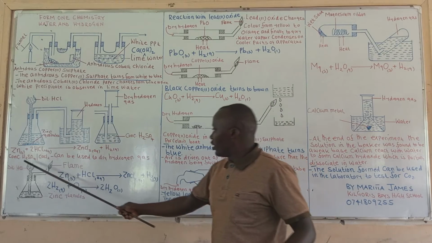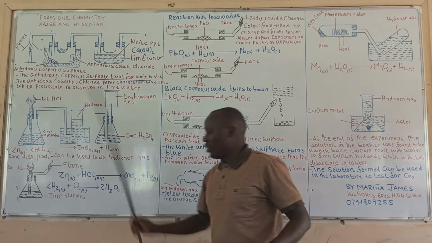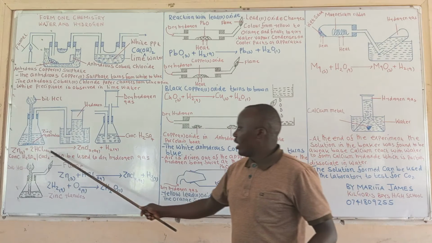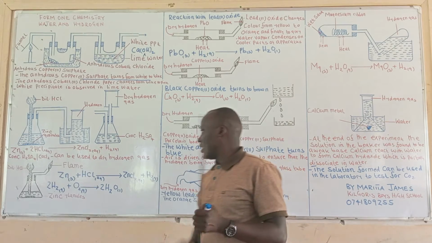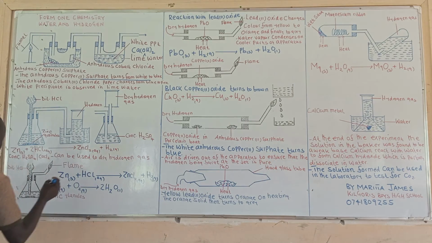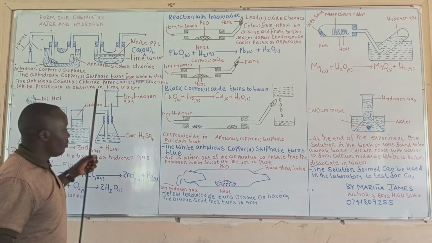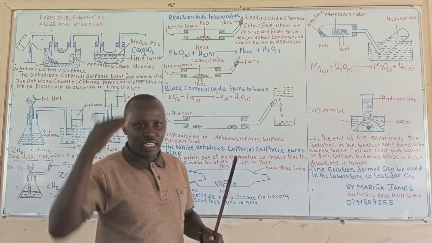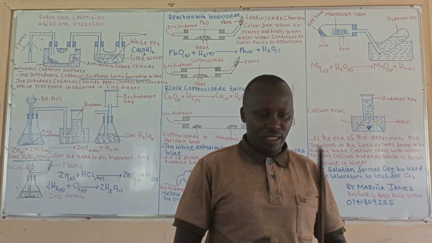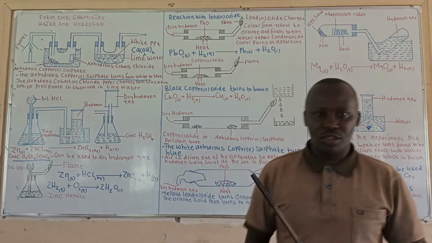So the purpose of this concentrated sulphuric acid or the anhydrous calcium chloride, you use either one of them to dry the gas. So dry hydrogen gas is normally collected by the upward delivery method.